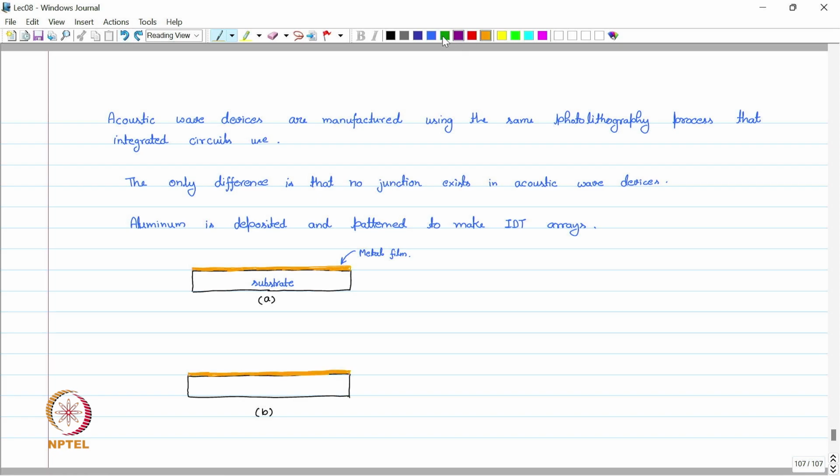On top of this metal we put something like photoresist, which is a light sensitive material.